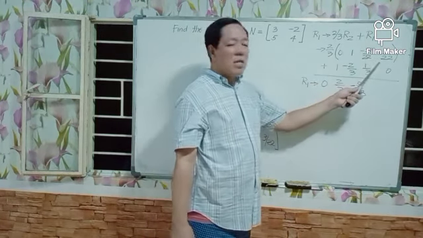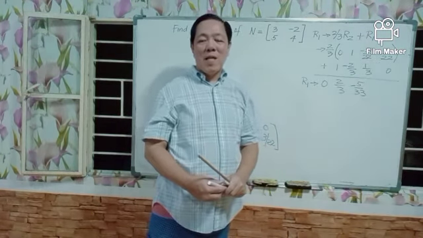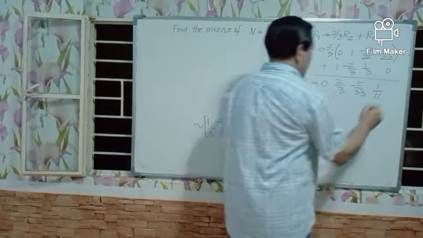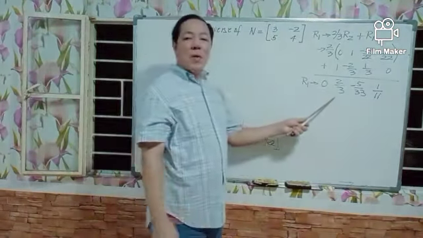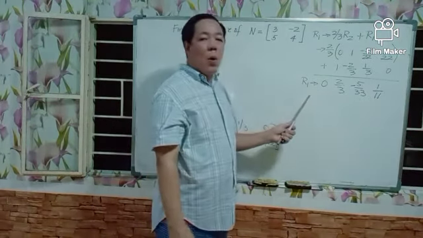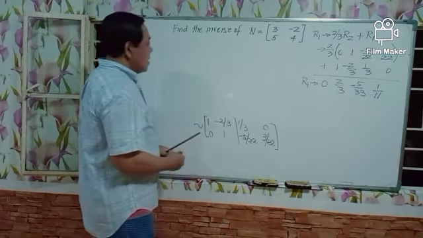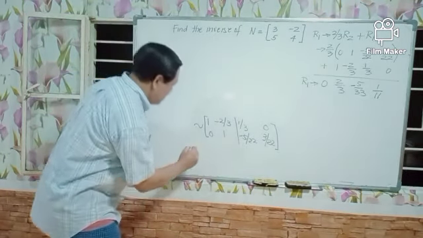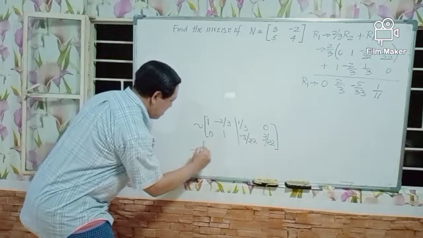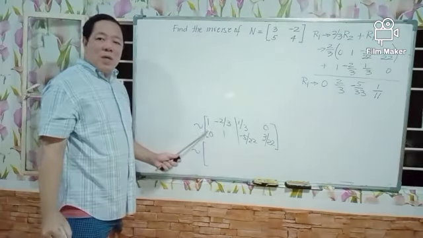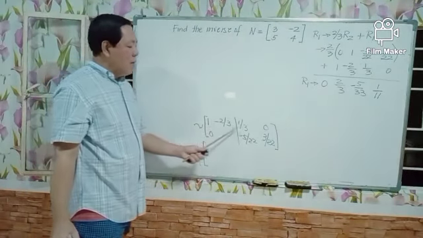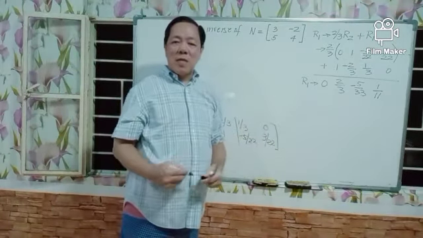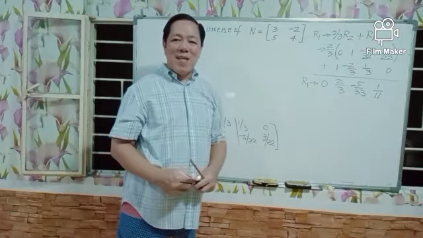And 2 over 22 simplifies to 1 over 11. And these are the new entries of row 1. And the matrix equivalent to this matrix is the matrix with entries of the first row given by 0, 2/3, negative 5 over 33, and 1 over 11.